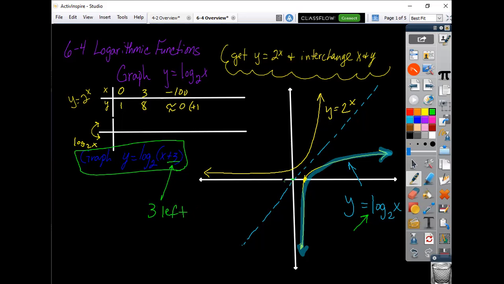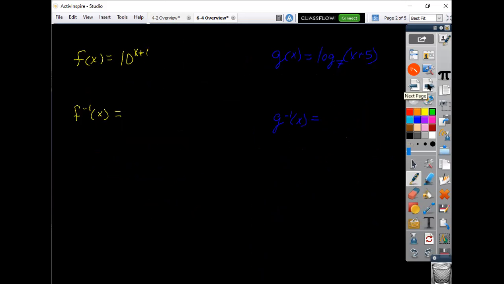So if we take this 1, 2, 3, 1 left of that is my vertical asymptote. And then it's going to be scooting up from there up to the right, doing exactly what that blue highlighted one did.